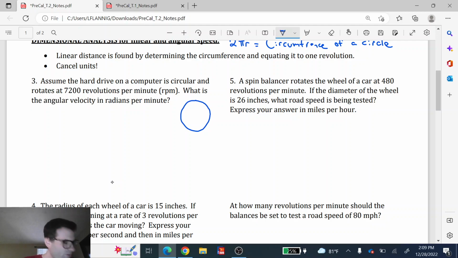So we have to figure out what we have and what we want to get to. So we know we have revolutions per minute. That is something that we are given. So we'll say rev per minute. Our goal is to get to radians per minute.